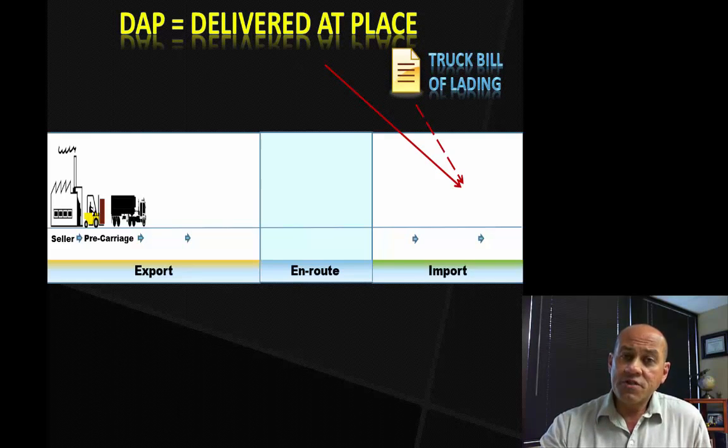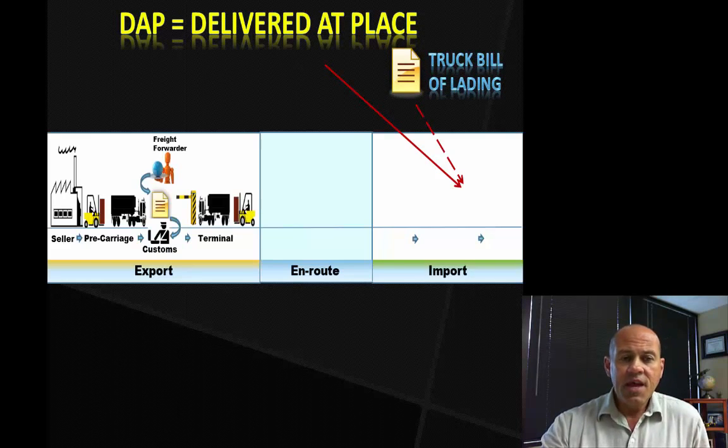The next term is DAP. That stands for delivered at place. And one thing to keep in mind with all these Incoterms is that each of them is followed by the name of the place it's being delivered to. So, for example, FOB is going to be followed by the named place, which is the port terminal at which the goods are delivered.